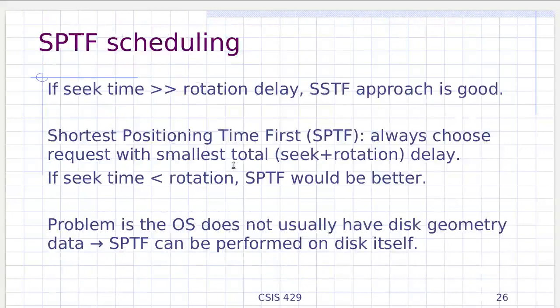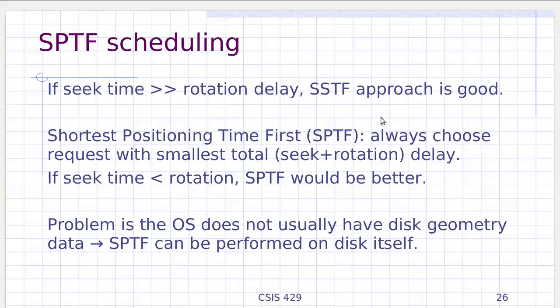Okay, so in that situation we use something called shortest positioning time first, SPTF scheduling. If the seek time is much greater than the rotational delay, and that's what this greater means, not just greater but much greater, then in that case the old approach SSTF is good.